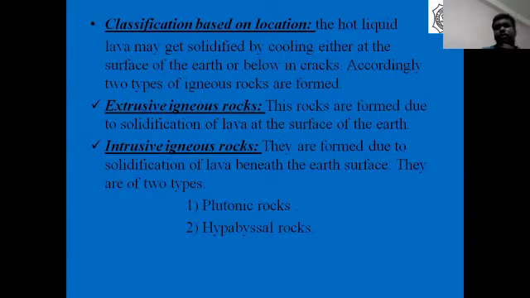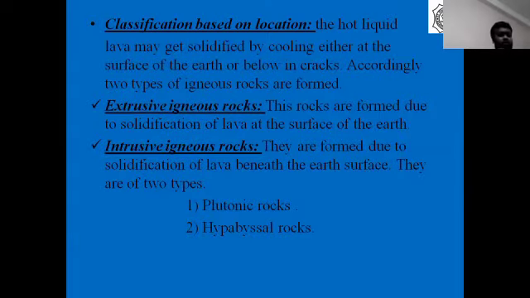The hot liquid lava that comes out from the volcano may get solidified either at the surface of the earth or below the surface of the earth in different cracks. On the basis of cooling, there are two types of igneous rock: extrusive igneous rocks and intrusive igneous rocks.